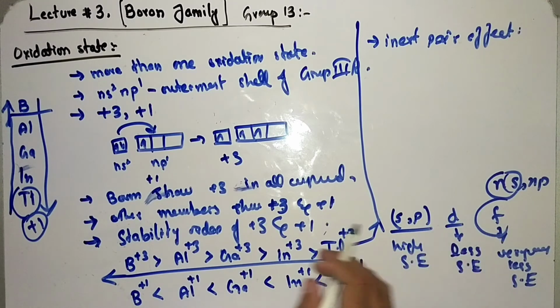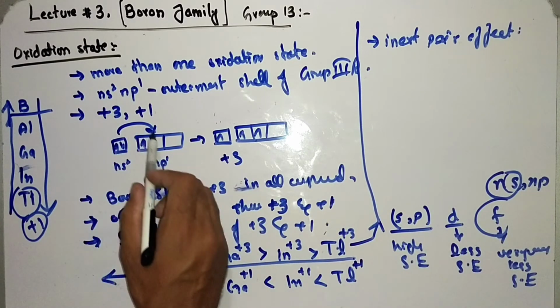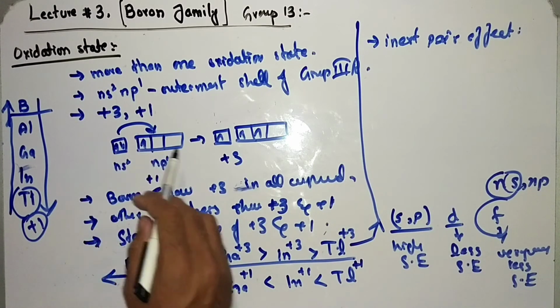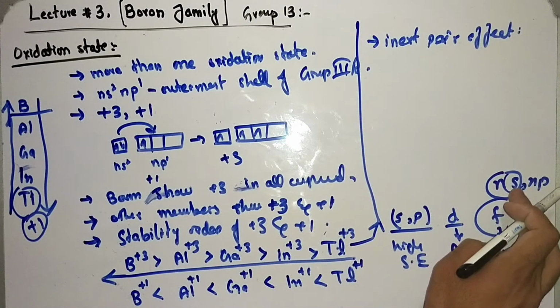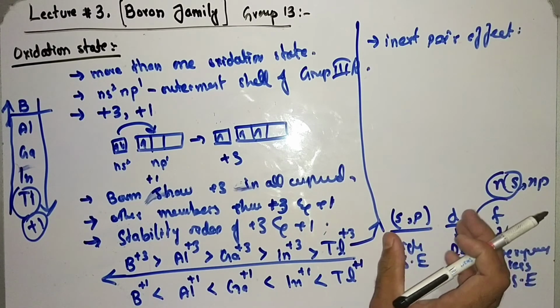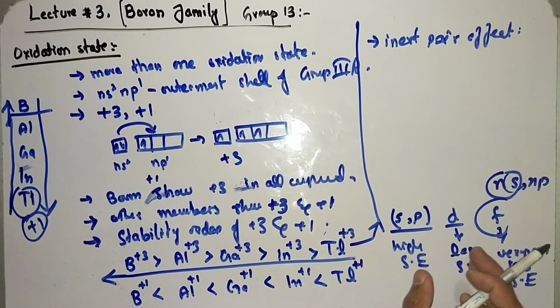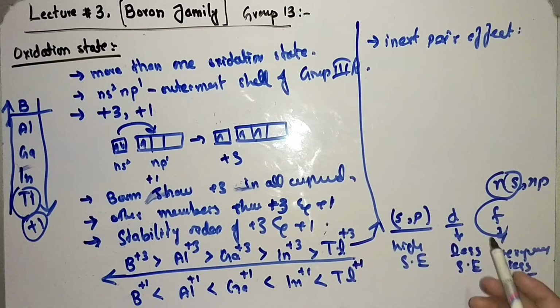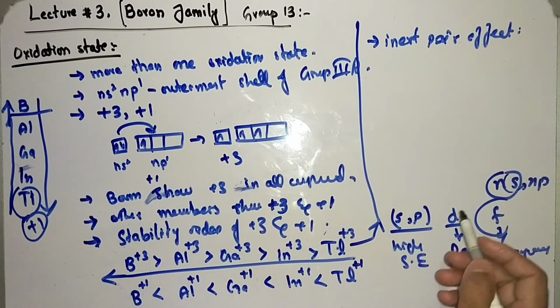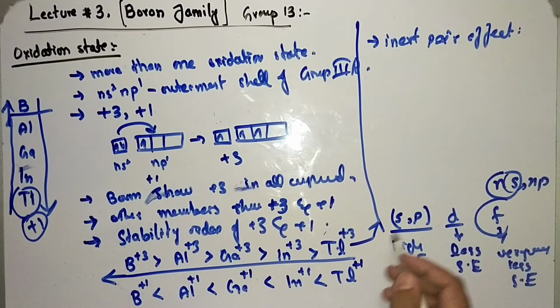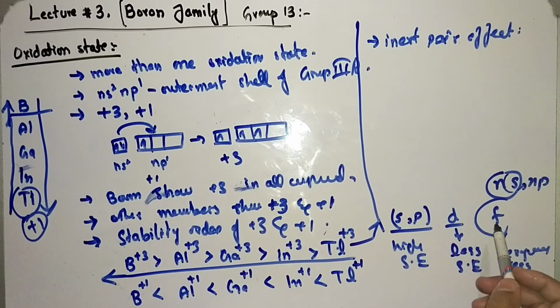So excitation does not occur easily when the s electrons are strongly held. That's why this effect is called the inert pair effect, and due to it the +3 oxidation state is very less stable, while the +1 oxidation state is more stable.